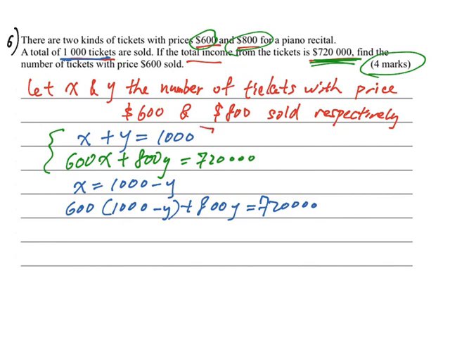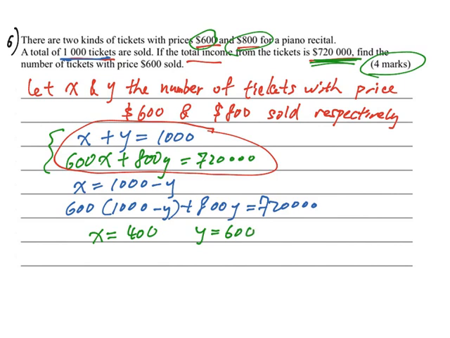Then you can use the calculator for program 2, insert 6 numbers, and then you can get x equal to 400 and y equal to 600.